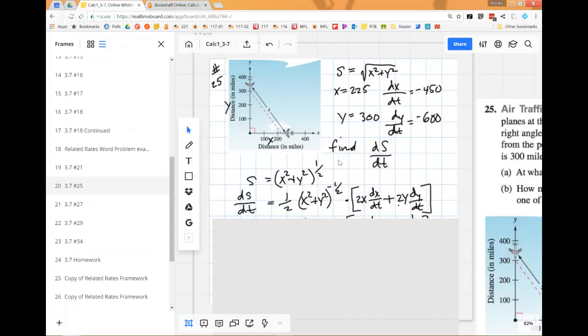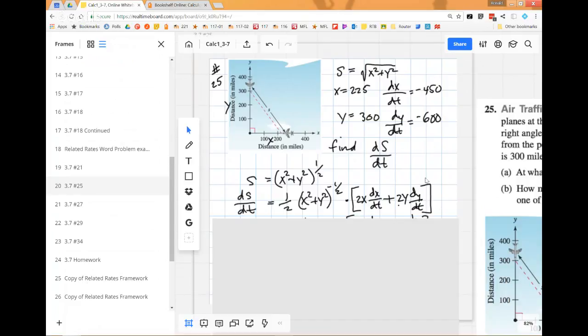On the right, first power rule, 1/2 times the quantity x squared plus y squared, reduce the power by 1, negative 1/2. Do we have a chain rule to do? Yeah. What's the derivative of x squared plus y squared? Well, first of all, it's 2x dx dt plus 2y dy dt.